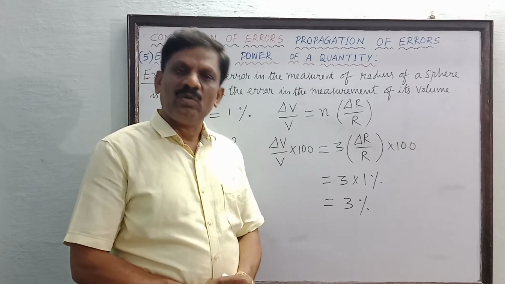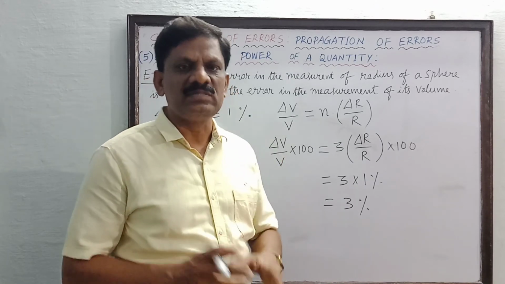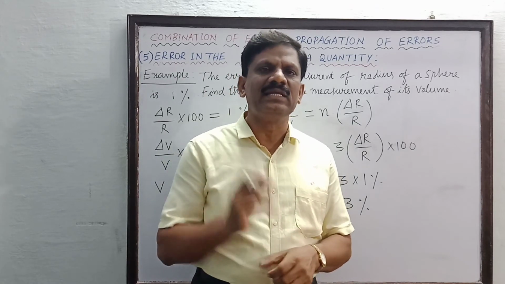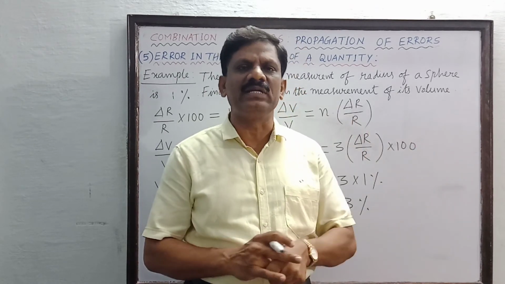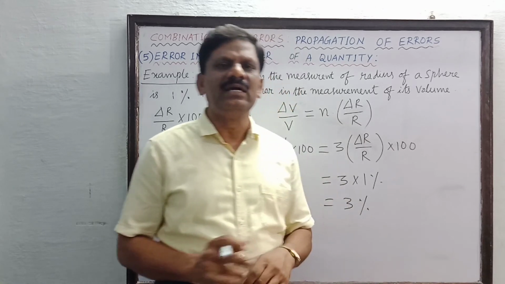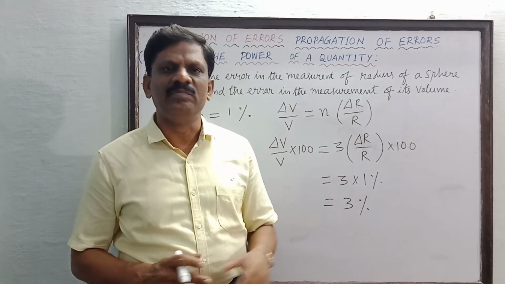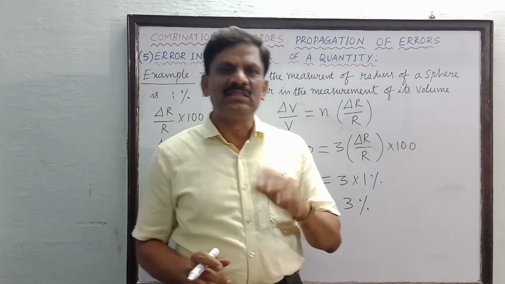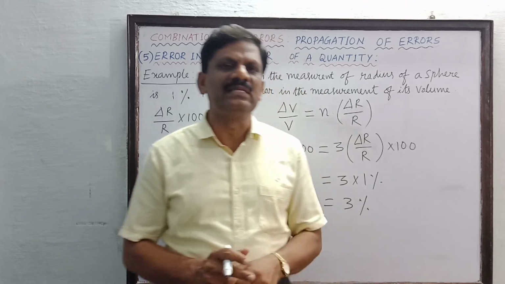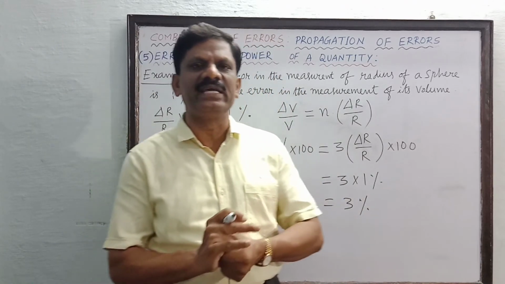I hope you have understood all the 5 rules, my dear students. The first rule is error in the sum of two physical quantities. The second is error in the difference between two quantities. The third is the product of two physical quantities, and the fourth is the quotient or division of two physical quantities.